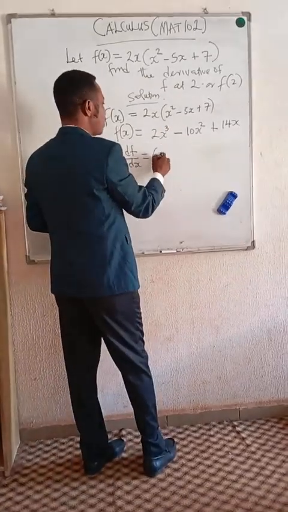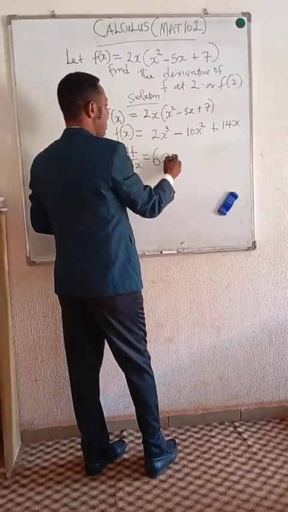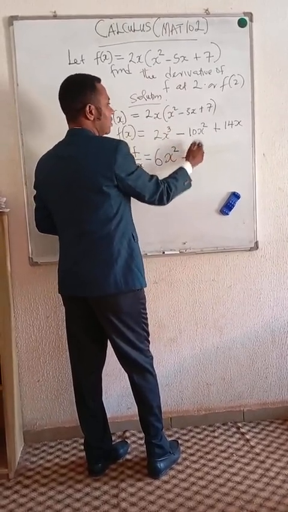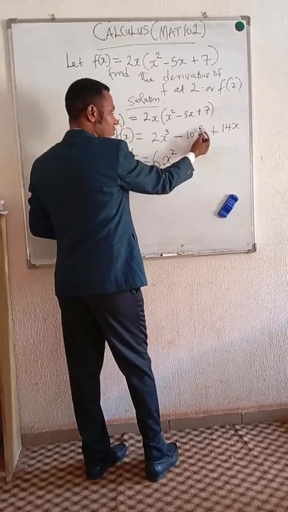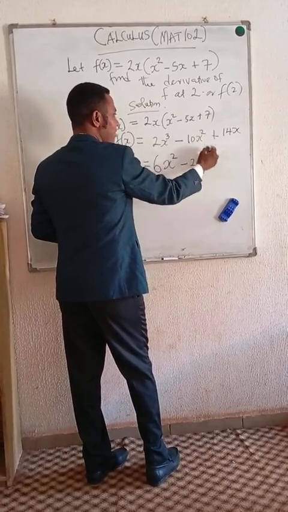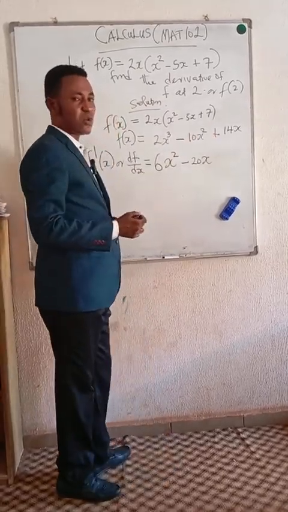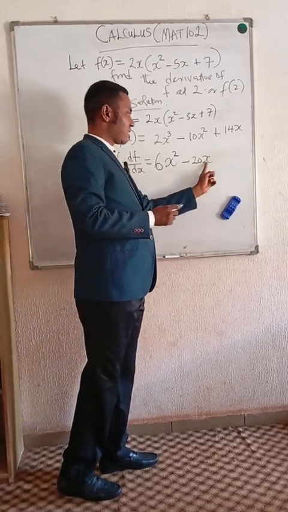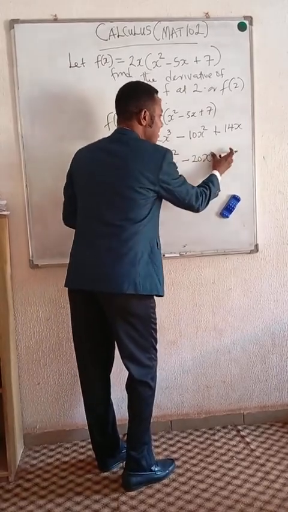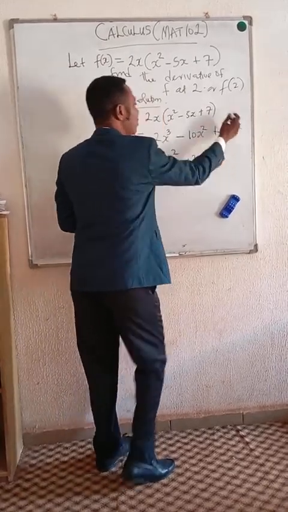So 3 times 2, you have 6. Then x, take 1 from the power, it will be what? 2. Take the power to the front, so 2 times 10, you have 20, all right? Taking 1 from this, that is 2 minus 1 is 1. So let's leave it as x, because x power 1 is the same as what? x. Plus, look at this one.